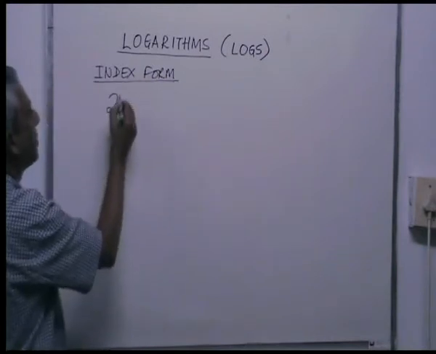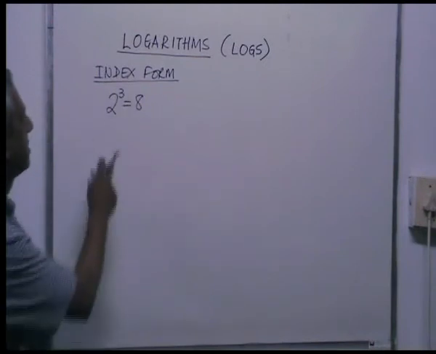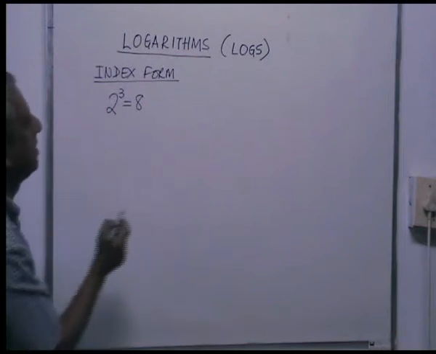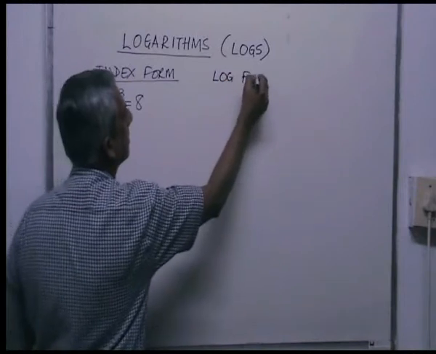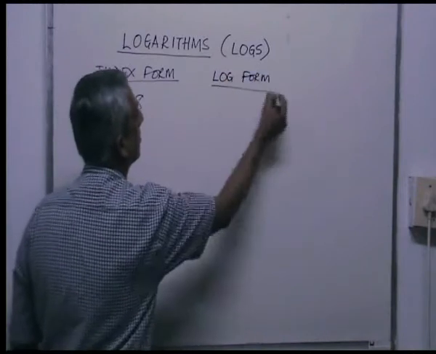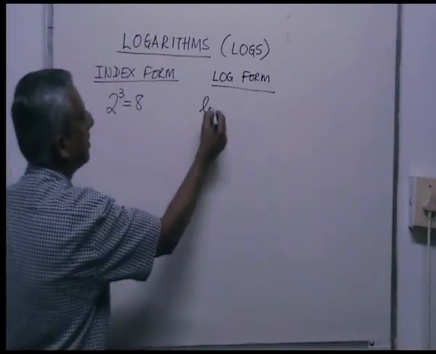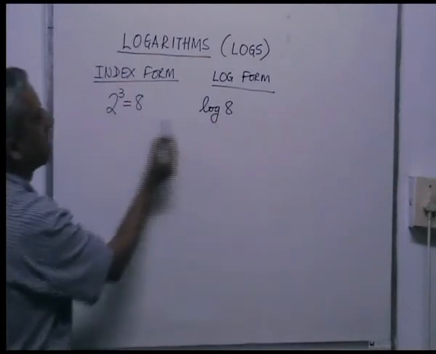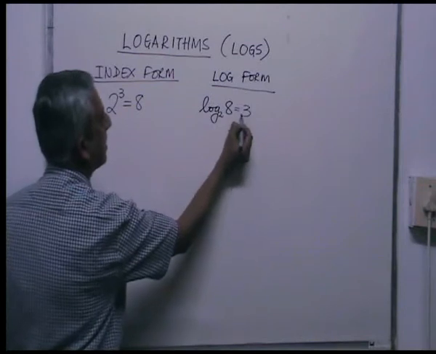Let us take a thing like 2 cubed is equal to 8. So this is in index form. Now the same thing can be written in log form. So we say that the log of 8 to the base 2 is equal to 3.